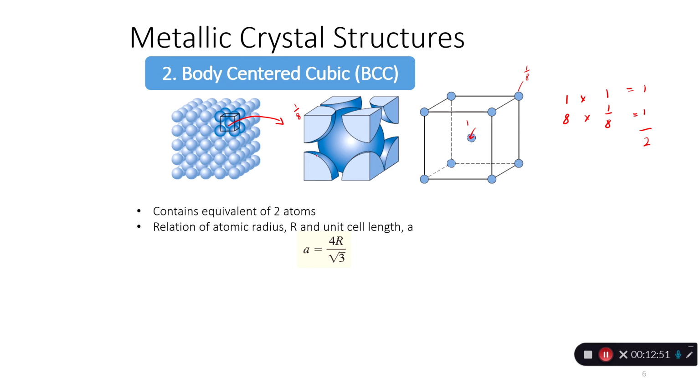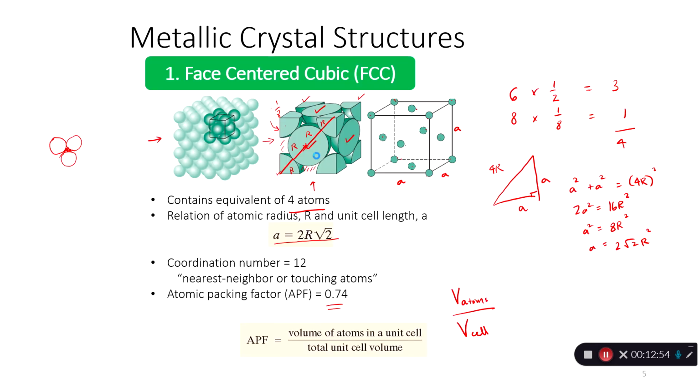In the previous example, we could easily take this triangle on the face out and figure out the relation between the side of the cube and the radius of the atom, because on this face you have all the radii one after another, meaning there's no gap between them. So we are able to come up with this 4R.